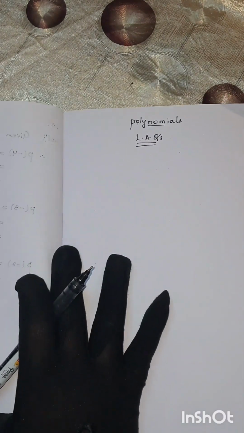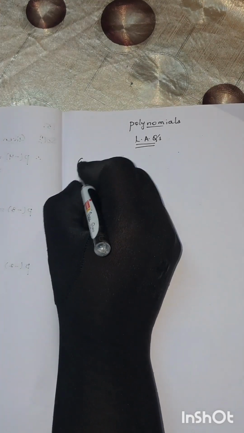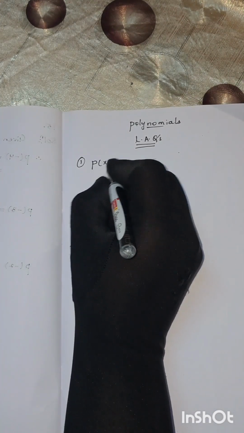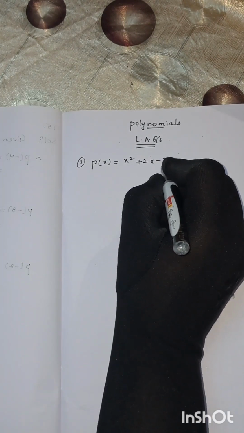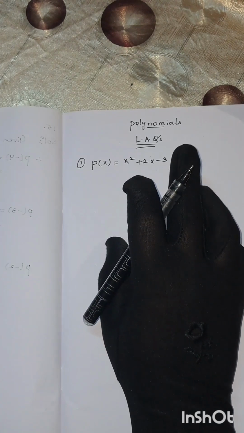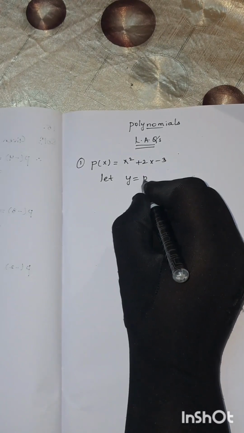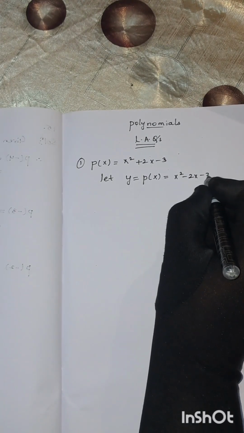So the first important question is, draw the graph of the polynomial p of x is equals to x square plus 2x minus 3. So you have to draw the graph of this polynomial and you have to find the zeros from the graph, right? So let y is equals to p of x is equals to x square minus 2x minus 3.